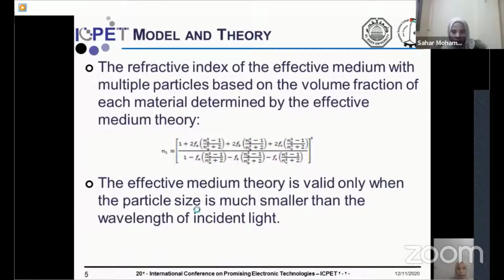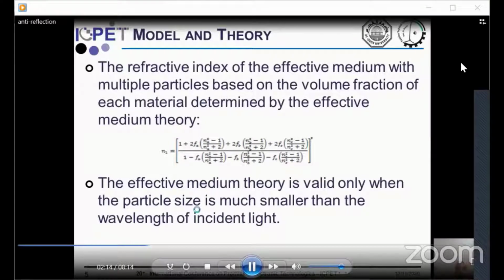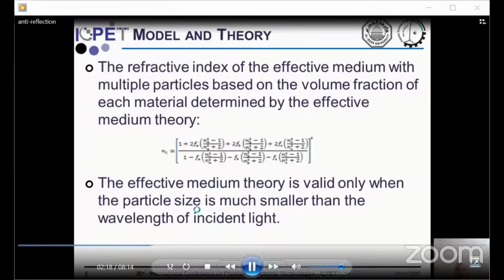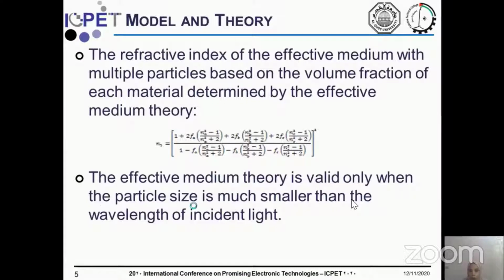The refractive index of the effective media of multi-types of particles, based on the volume fraction of each material, is determined by effective media theory. The effective medium theory is valid only when the particle size is very much smaller than the wavelength of incident light.